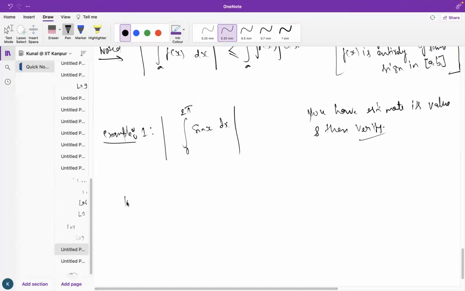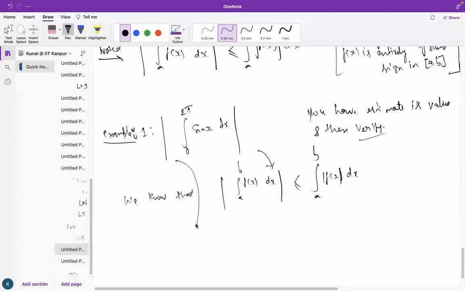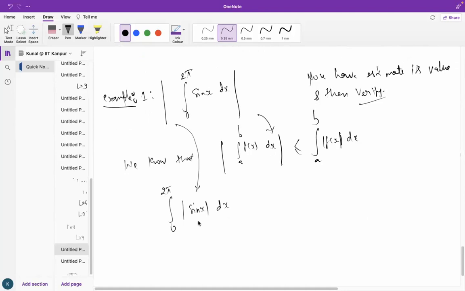We know that the integral of f of x dx from a to b is less than or equal to the integral of mod of f of x dx from a to b. So we are using this estimation. We can write this as the integral of mod of sine of x dx from 0 to 2 pi. And we know that the period of the function mod of sin x is pi.